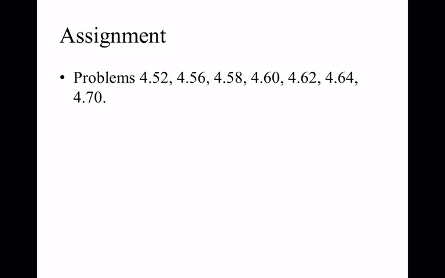Which elements are alkali metals, so that'd be 1A for 60. 62, halogen, noble gas, or neither, so that's 7 and 8A. 64, you're supposed to say what the group number is for the element. And number 70, which element is a row 5 transition element? Row 5 is the period, and transition elements are group B. So it should be fun. It's just intended to get you looking at a periodic table.